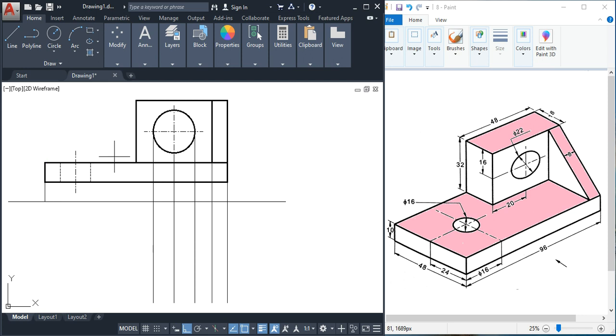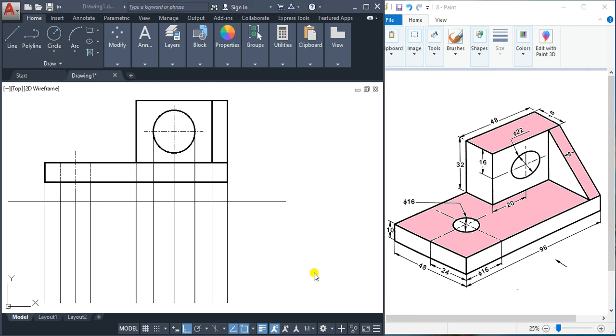From this point also we'll take a projection line of the same length, and from this also. Like this we'll take projections from all the points here.